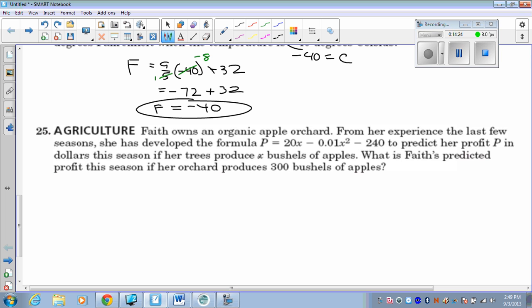And since they're saying there's 300 bushels, that means X equals 300. So let's substitute. I got P equals 20 times 300 minus 0.01 times 300 squared minus 240.